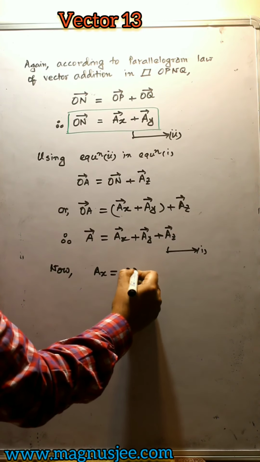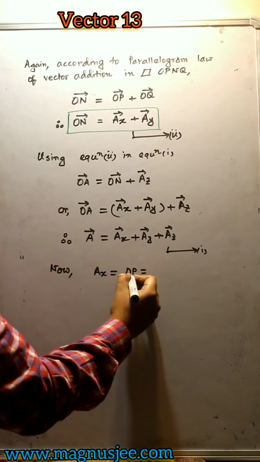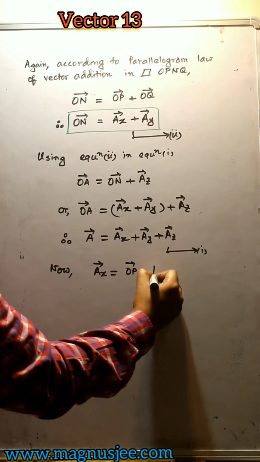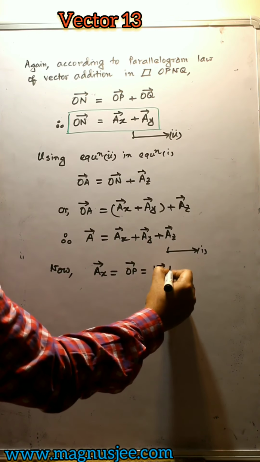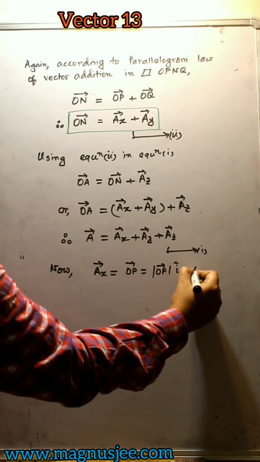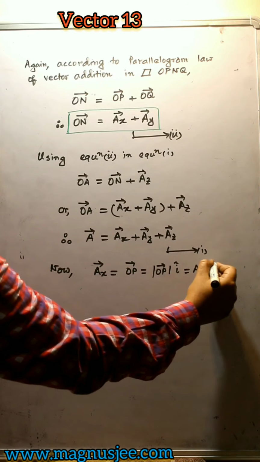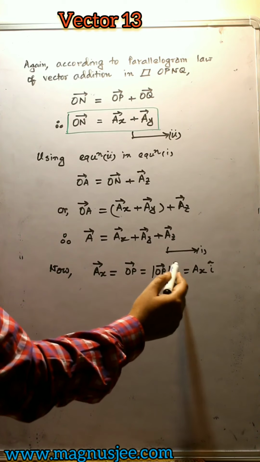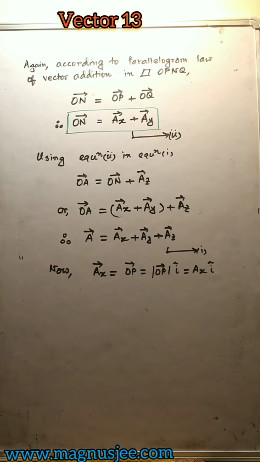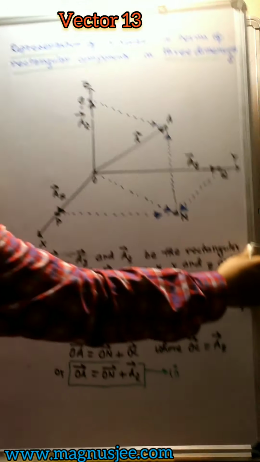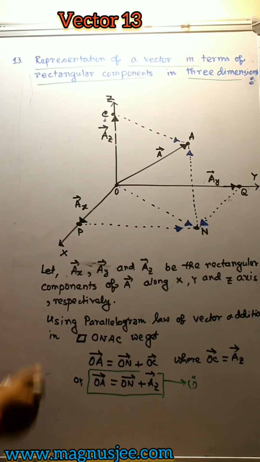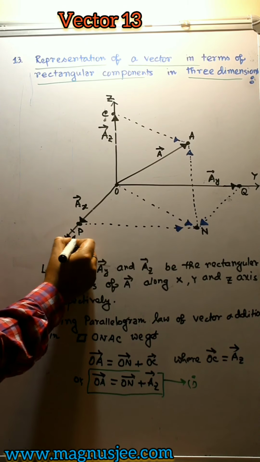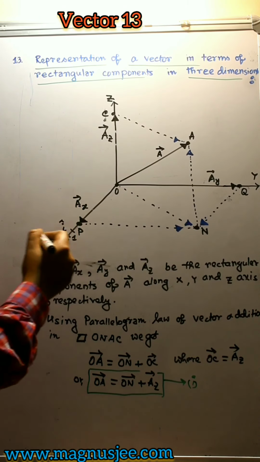Now vector AX is equal to vector OP, which is equal to the magnitude of OP times i cap, that is AX i cap. If we denote a unit vector having magnitude 1 along the x-axis, that will be i cap.